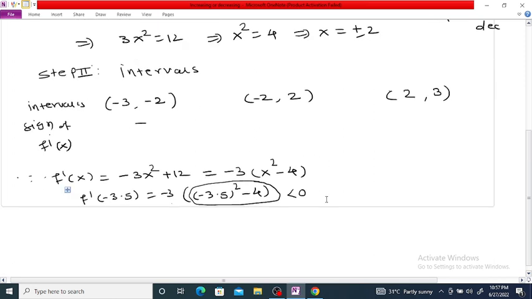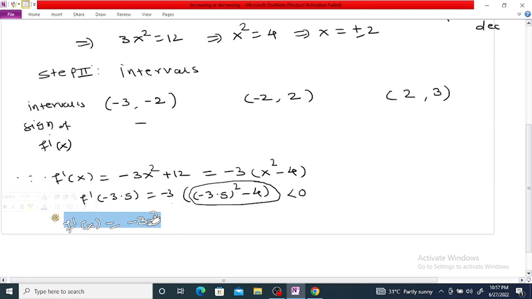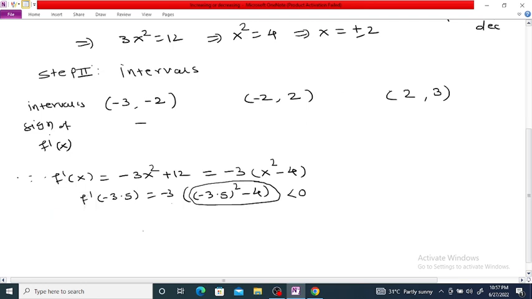If we take x is equal to 0 here, f dash x is equal to minus 3 times x square minus 4, so f dash 0 is equal to minus 3 times minus 4, which is 12, greater than 0.